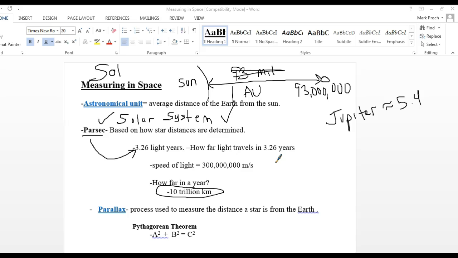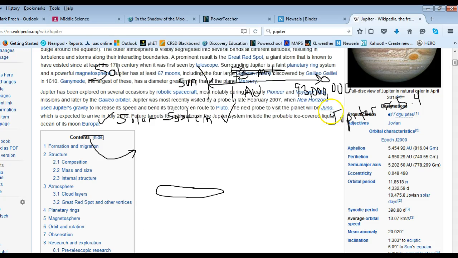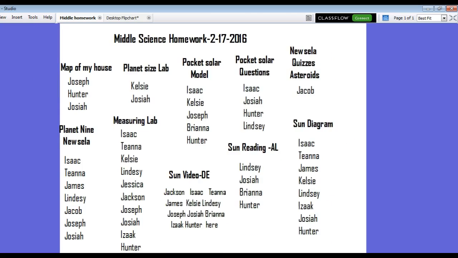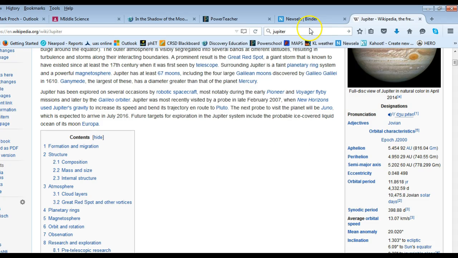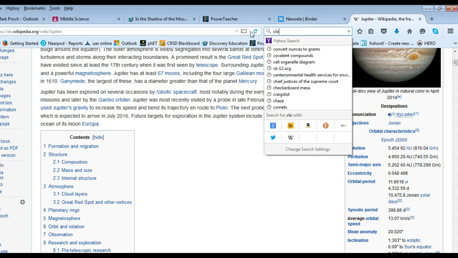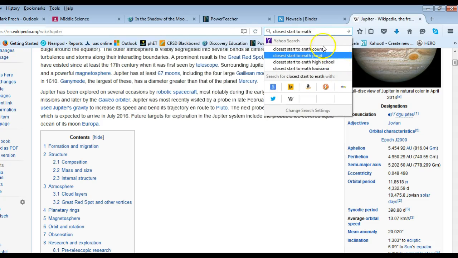I think our closest star, let's look that up real quick. So closest star to Earth, we'll actually get out of that. If we go here, so closest star to Earth, yeah, misspelled it.